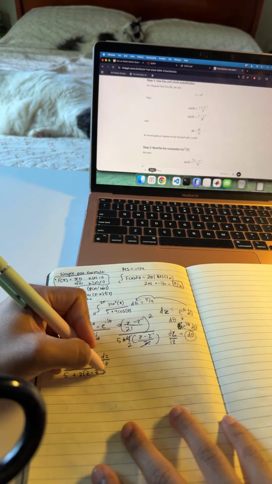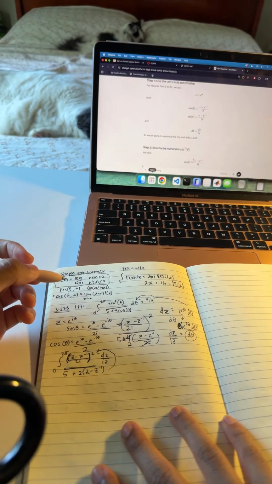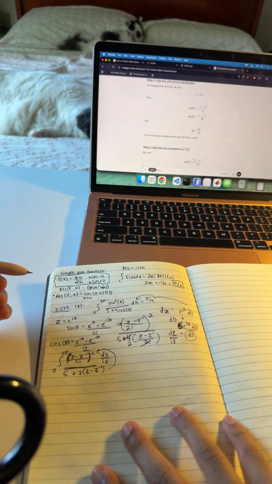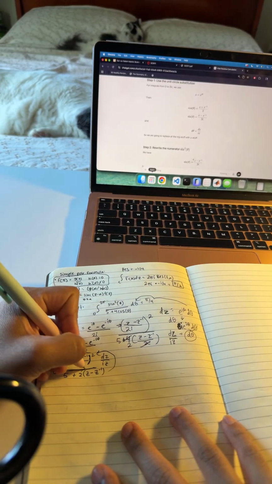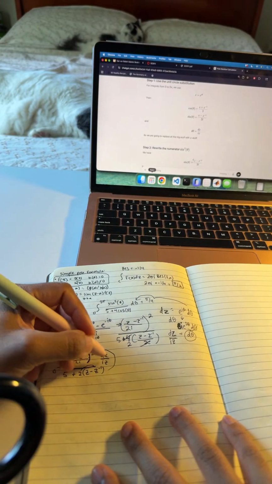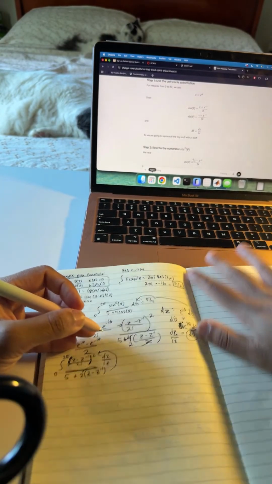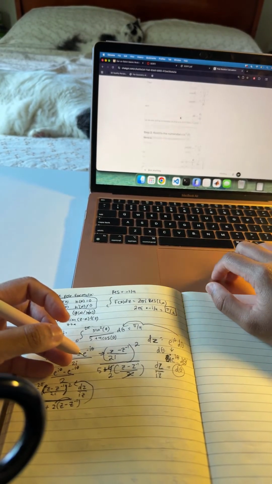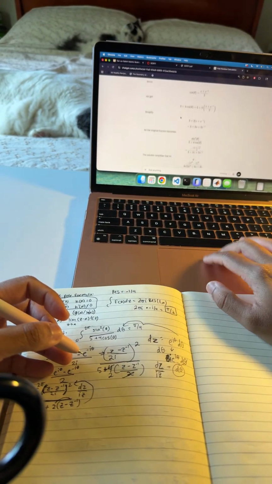You have to move this to the numerator, right? So we have to distribute the 2 on both sides and then multiply by the numerator. I hope I'm gonna do it right. I don't know if I am. So I just gotta look at that up there.